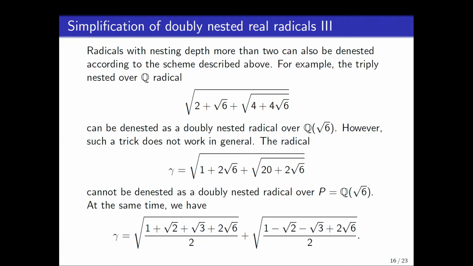So for instance, for gamma, it is impossible to denest this radical over the field Q square root of 6. Nevertheless, using a different technique, we can show that it can be denested. So here we have nesting depth 3, and it can be denested to depth 2.